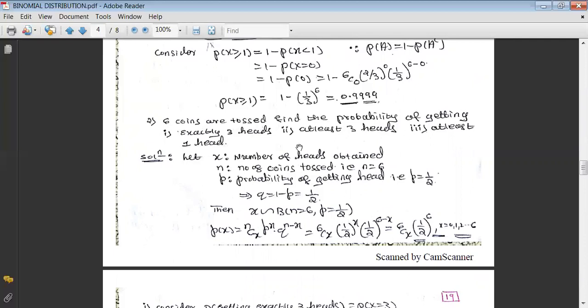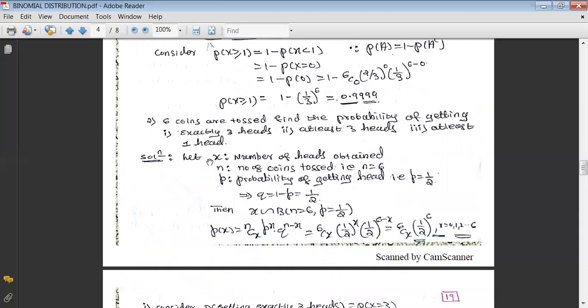And first we should realize what is success here, because binomial distribution gives the probability of getting exactly x successes. If you see here, in each of the requirements we need the probability of the number of heads. Here we need 3 heads, here we need at least 3 heads, here we need at most 1 head. Means here getting head is a success.